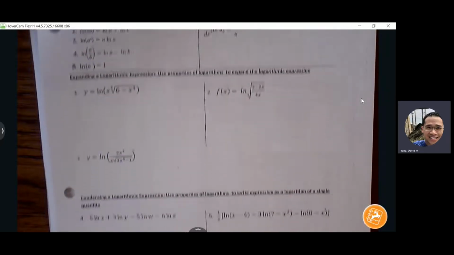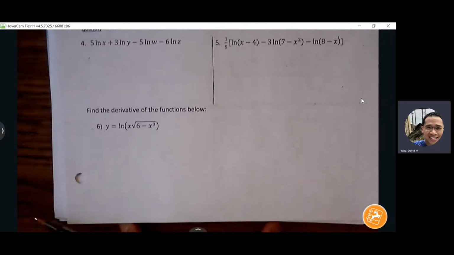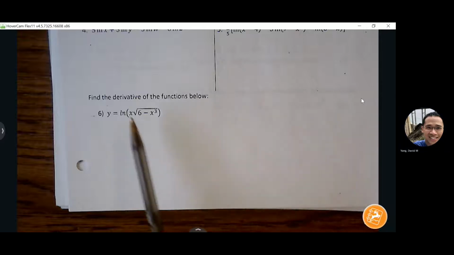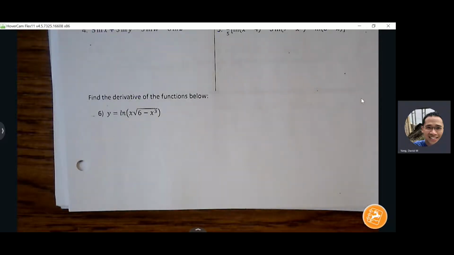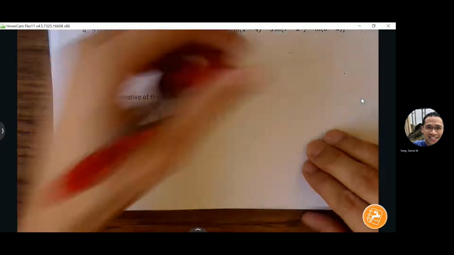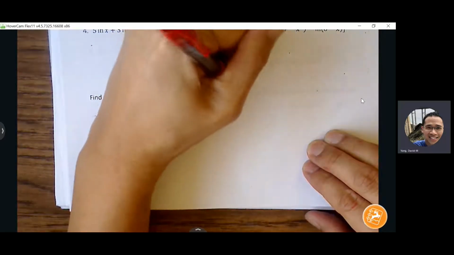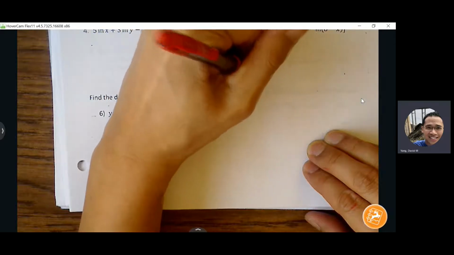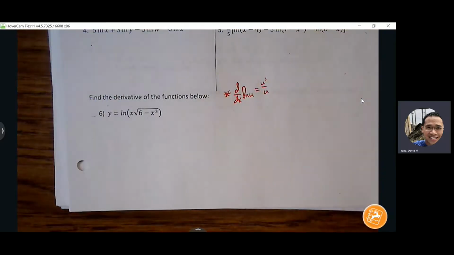So let's skip down to number 6. Number 6 says find the derivative of the function below. We do have a rule. Natural log of u becomes u prime over u. But we want to explore expansion before we do anything derivative related, right? We're trying to make life easy on ourselves.